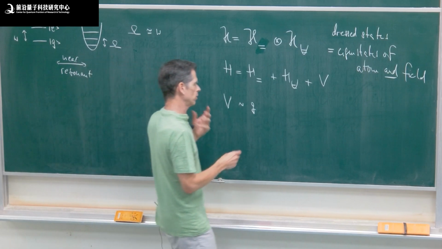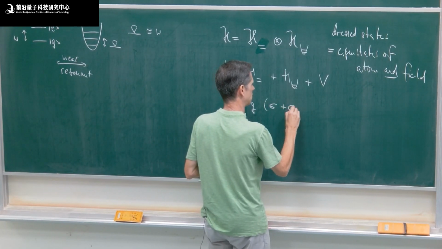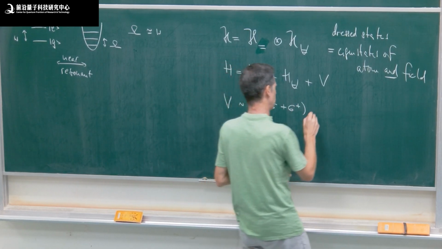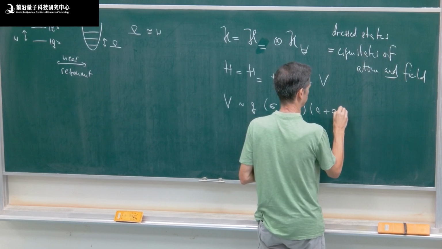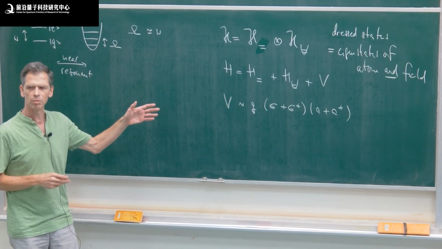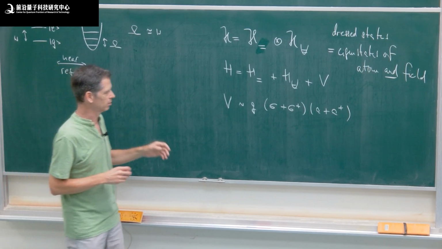But then the operator valued part of the coupling was sigma plus sigma dagger, the atomic raising and lowering operator, right? And then a plus a dagger. And so this was still the coupling between the two-level atom and the quantized mode in full glory, right?